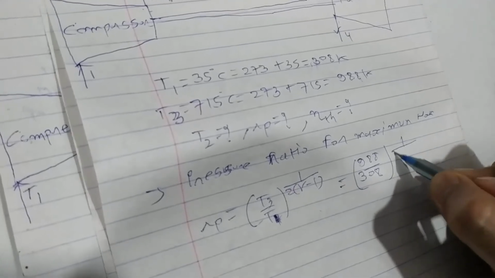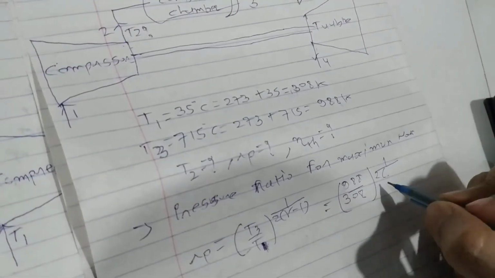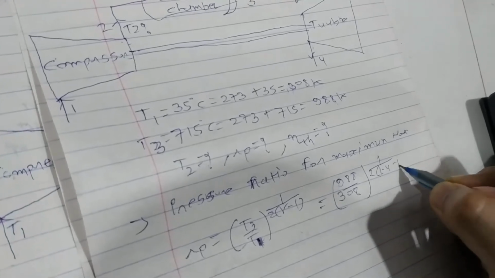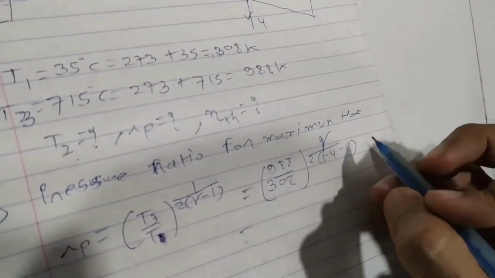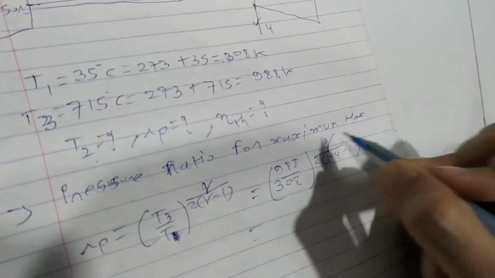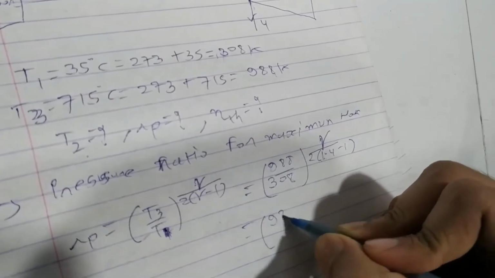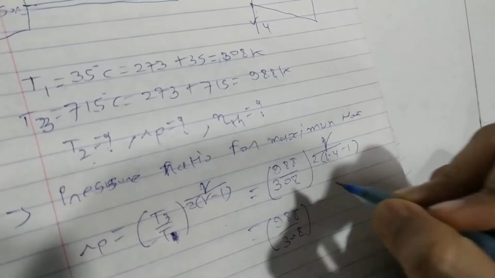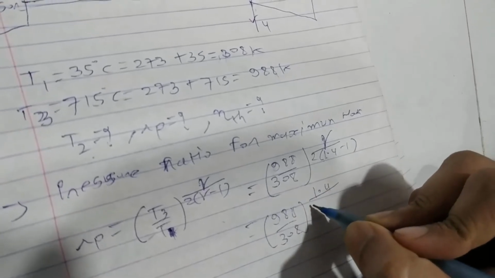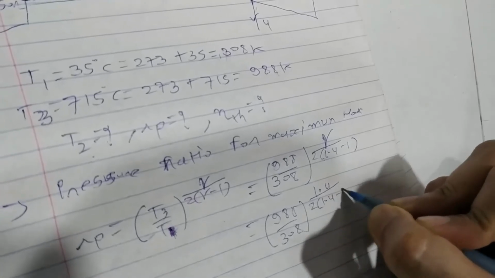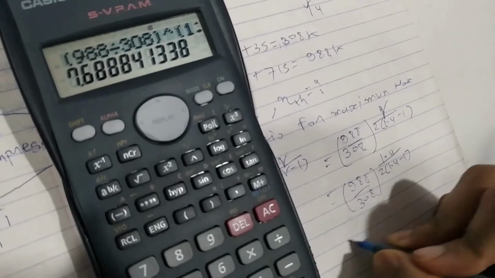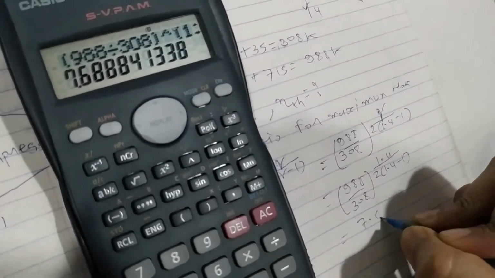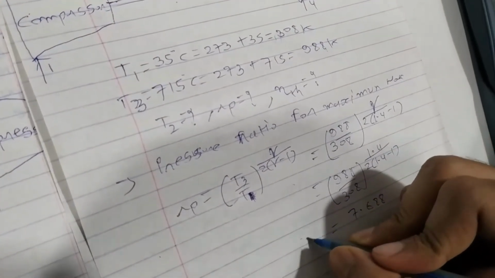I will take the value of gamma as 1.4. Actually I made a mistake, so I will write this equation again: 988 upon 308 raised to 1.4 upon 2 into 1.4 minus 1. Now I will calculate it. As you can see, I got the answer 7.688. This is the value of the pressure ratio.